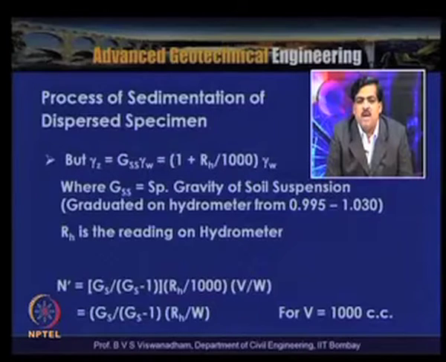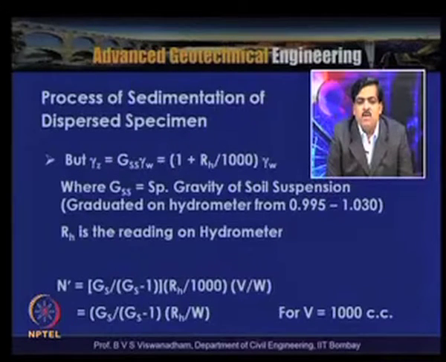The graduations on the hydrometer generally vary from 0.995 to 1.030 over the length of the stem. RH is the reading on the hydrometer noted during the experiment. So, n dash is obtained as Gs by Gs minus 1 into RH by 1000 into V by W.